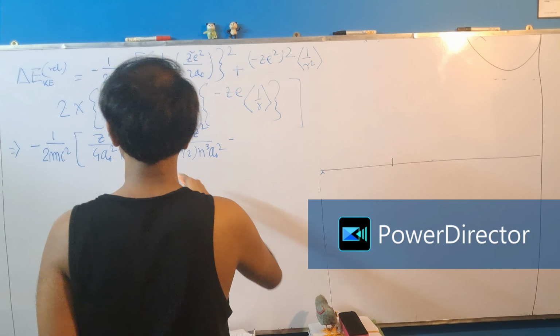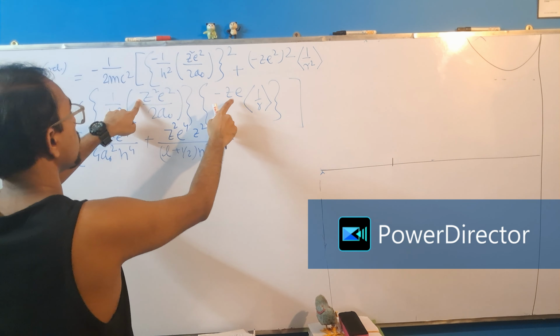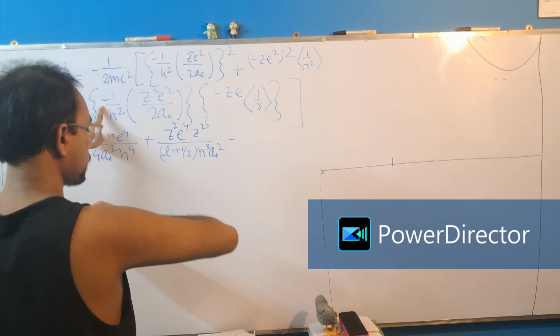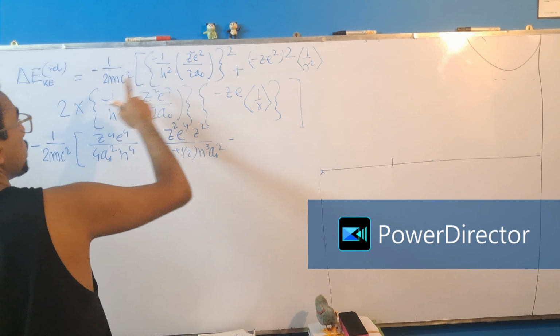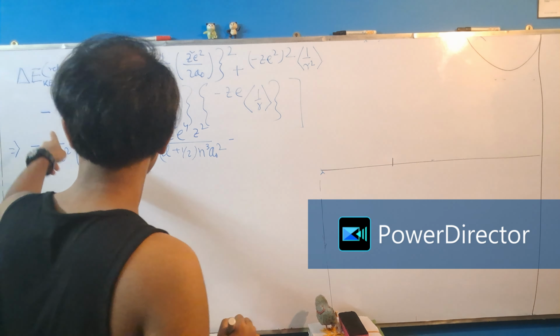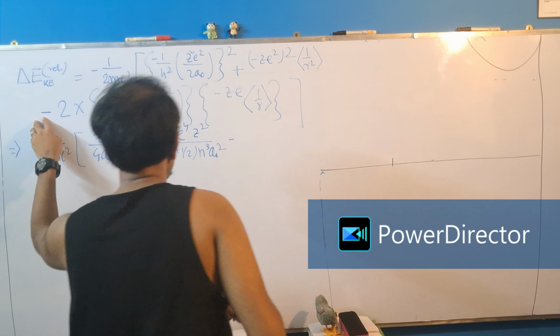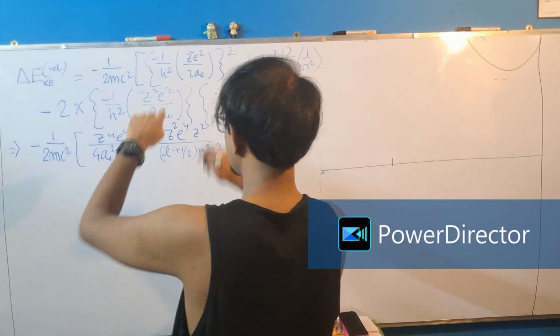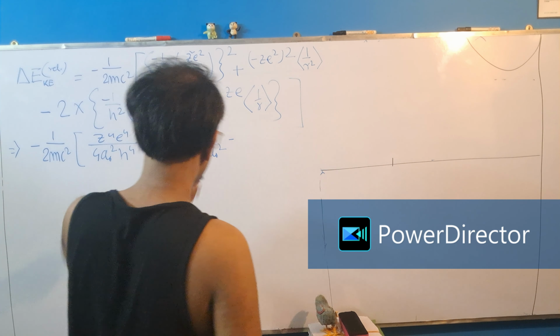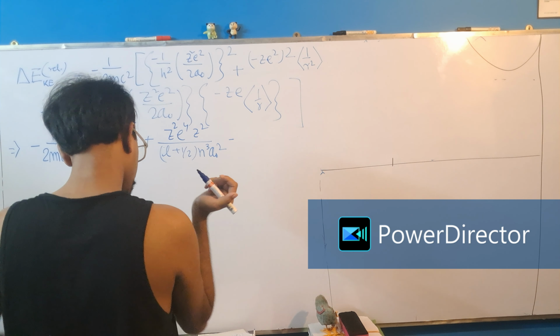This whole thing is, if you see, Z cube, there is a minus, this minus and this minus will get absorbed, and there was a minus because that was E minus V, so this minus will remain still and these two minus will get cancelled out, and this will give me a Z cube and e to the power 4.